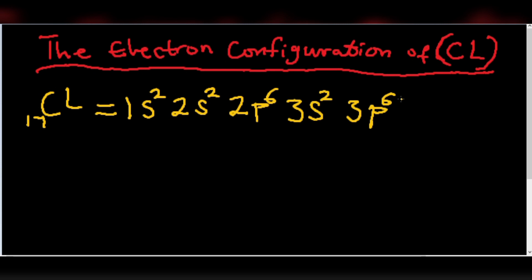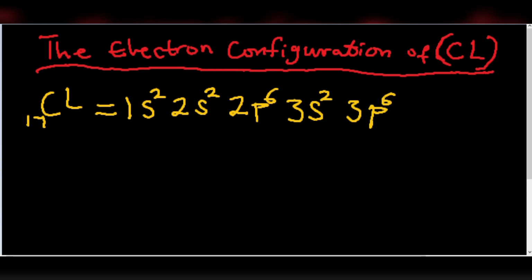Yes. So it means this chlorine 3p orbital cannot take 6 electrons, but rather 5. Why? Because it has only 17 electrons. So we have 2 here, 2 making 4, another 6, 10, 2 making 12, and if here is 6, it means it is the 18th element, which is argon.